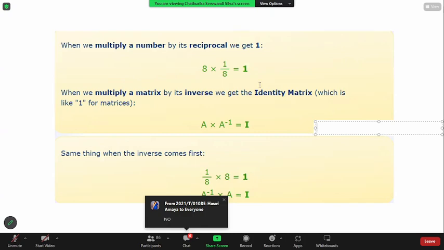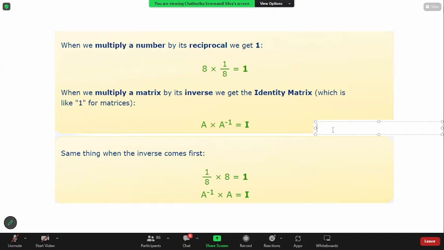So yes, the answer is no. What do you mean by commutative? A multiplied by B. A is a matrix, B is a matrix.